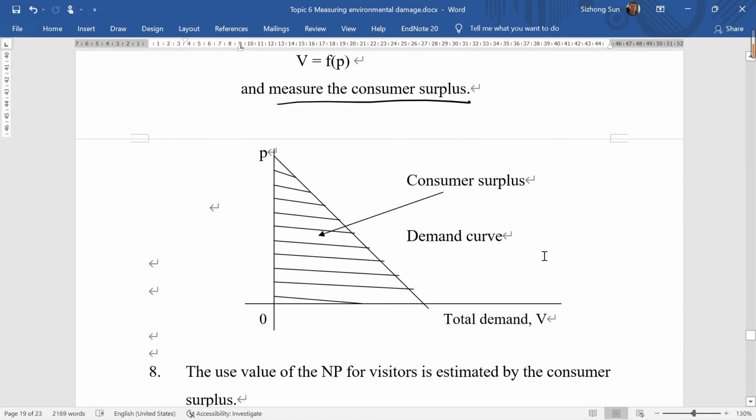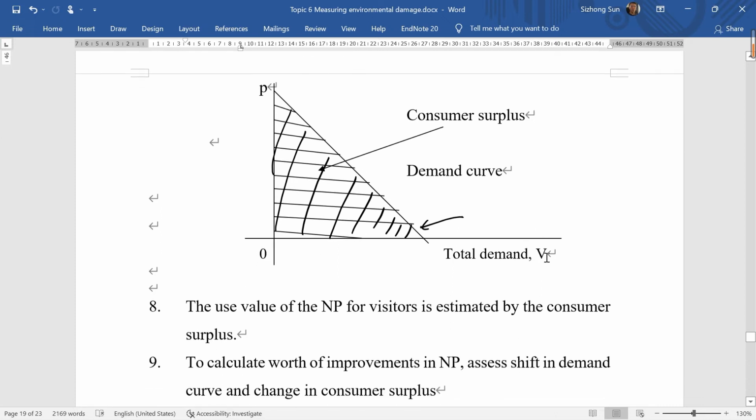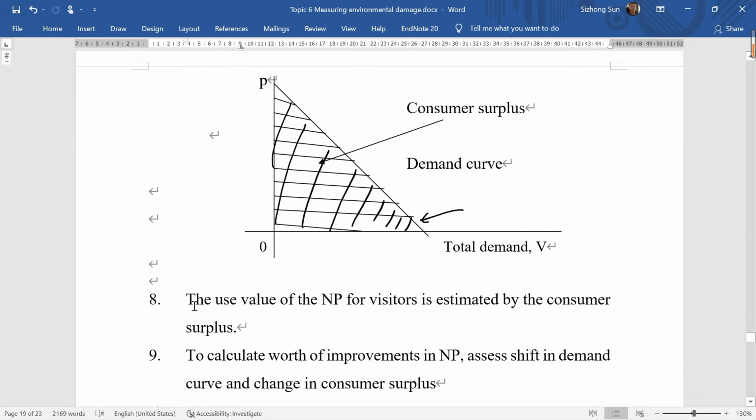So we get a demand function like this, then calculate the area of the triangles. And the use value of the national park for visitors is estimated by this consumer surplus, the size of these triangles.